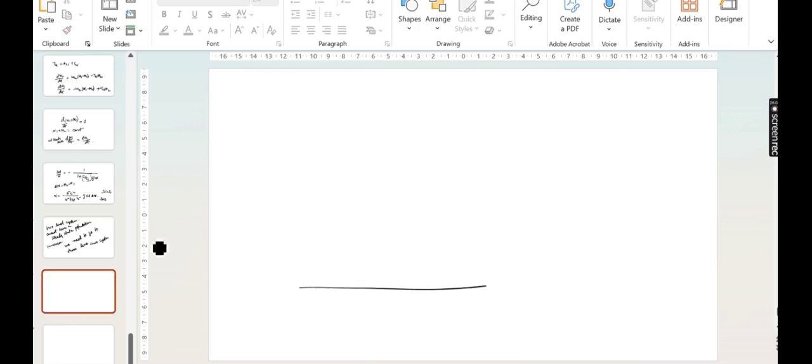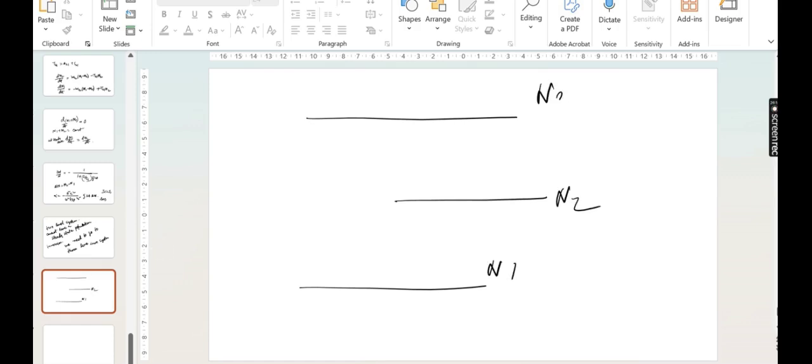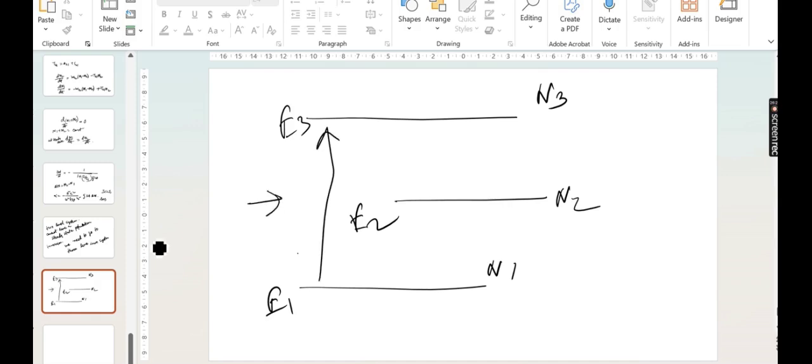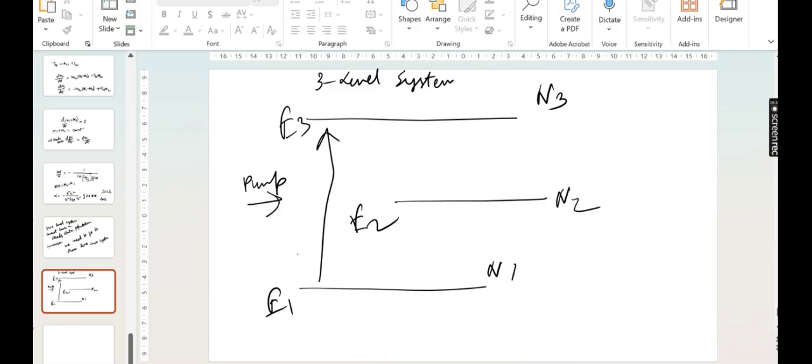In the three-level system, the lasing happens between E1 and E2, and pumping happens between E1 and E3. This is the pump. This is the rapid decay. And here the laser action happens.